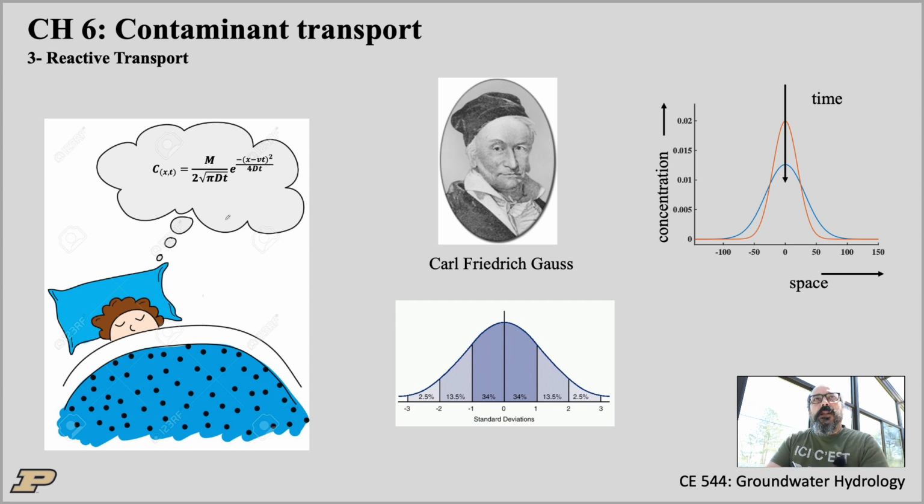Okay, so last time we looked at transport equations, so solutions to the differential equations that we did a couple lectures back. And this is the fundamental solution right here, which again is a Gaussian solution. It's a Gaussian curve or a bell curve that you have a representation here at the bottom showing you the amount of data within 1 and 2 standard deviations.